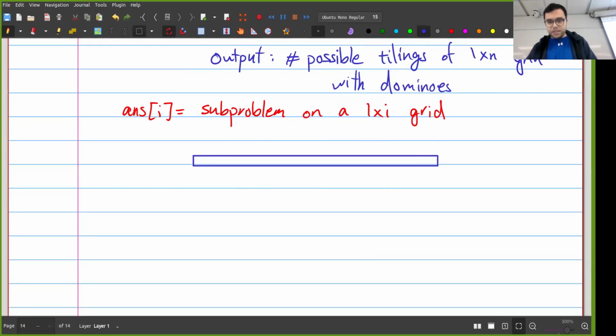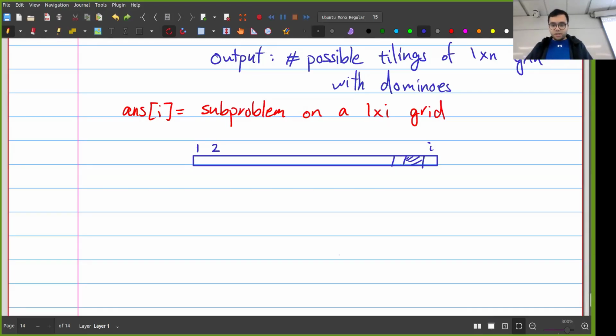So I have this grid, and let's say that I have indexed all of these grid cells 1, 2 to I. And now I can put my last domino at the very end so that it covers I and I minus 1. Right? Or I can say I want to put some empty space. And if I want to put some empty space, I'm going to put I as empty, and then I'm going to cover I minus 1 and I minus 2.